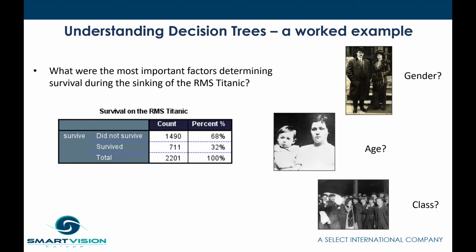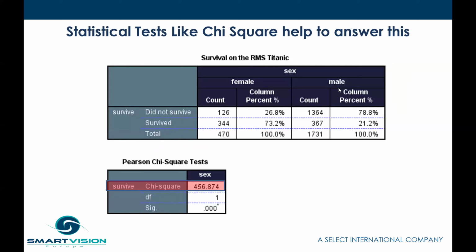It becomes more difficult when you ask people, what do you think is the most important factor? Is it gender, is it age, is it class? And they tend to disagree at that point. They're kind of guessing a bit. Now here we have effectively a little table: did survive, did not survive. If we split that table by one of these factors, what we're doing is creating a crosstab.